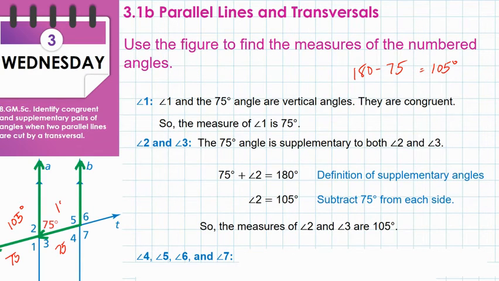So angle 5 has to be 105 degrees as well. 75 and 6 are corresponding. So angle 6 is also 75 degrees. Angle 3 and angle 7 are corresponding. Therefore, angle 3 and angle 7 are corresponding, and they're both 105.